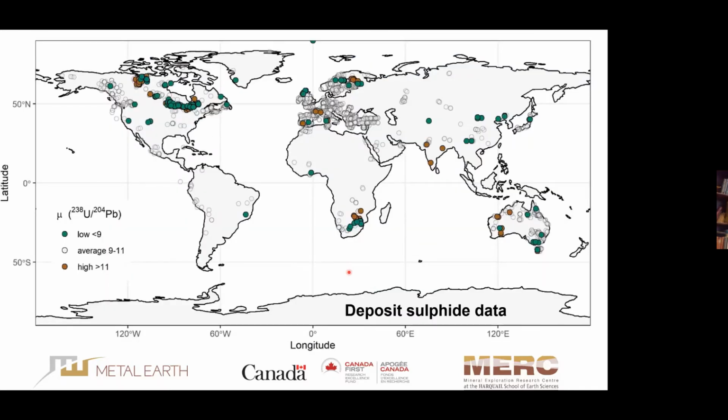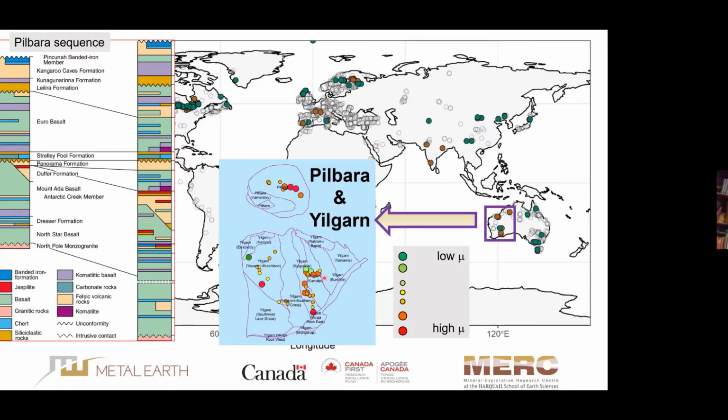We can show that distribution of low versus high mu on a general geological map of the world, which just allows us to focus on a few of the regions. Taking Pilbara and Yilgarn as an example, and just coloring in from low to high with this color scheme, you can see that within these, there are very distinct provincialities.